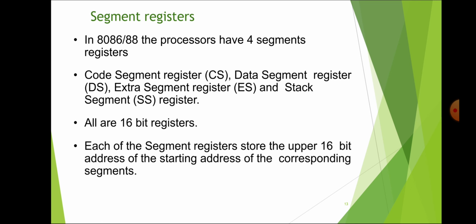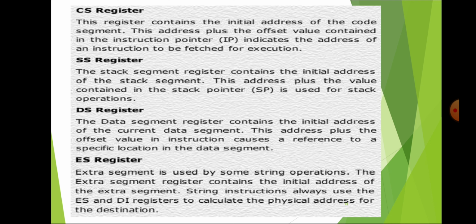These are the segment registers: the code segment register, data segment register, extra segment register, and stack segment register. These are the segment registers in the BIU, explained as CS, SS, DS and ES. The CS register contains the initial address of the code segment, and this address plus the offset value contained in the instruction pointer indicates the address of the instruction to be fetched for execution.